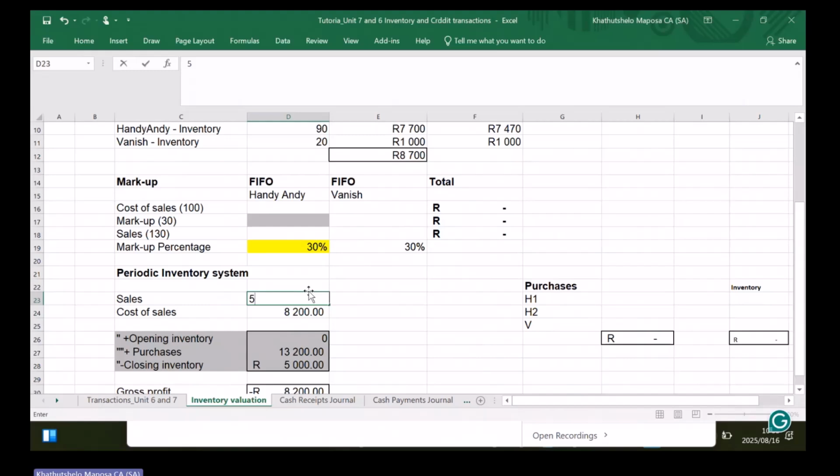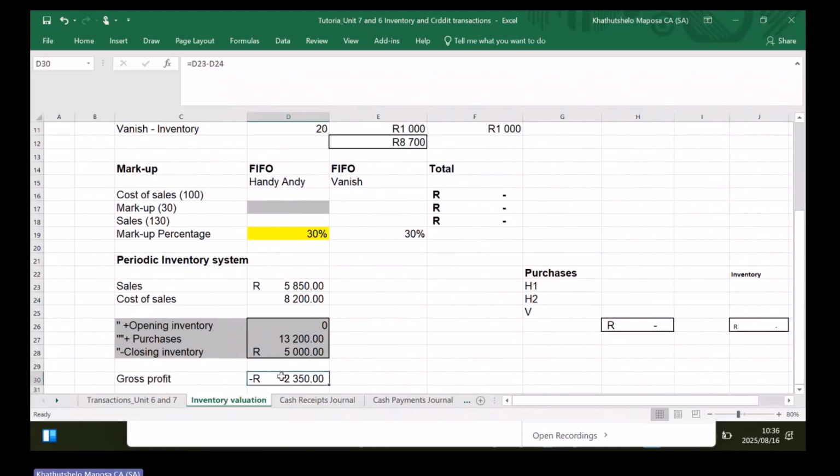So sales minus cost of sales is what is called the gross profit. That's what I wanted to demonstrate. How is our cost of sales more now? What did we assume wrong? Oh, sorry, we reduce the amount of inventory. Yeah, so sales minus cost of sales gives us the gross profit. That's what I wanted to show you.